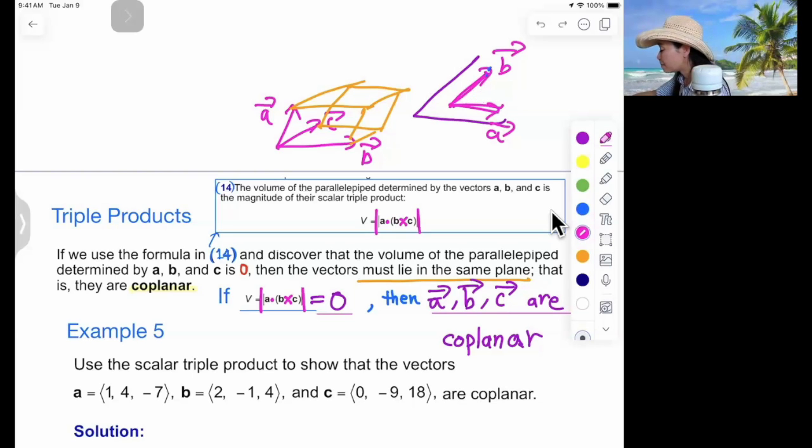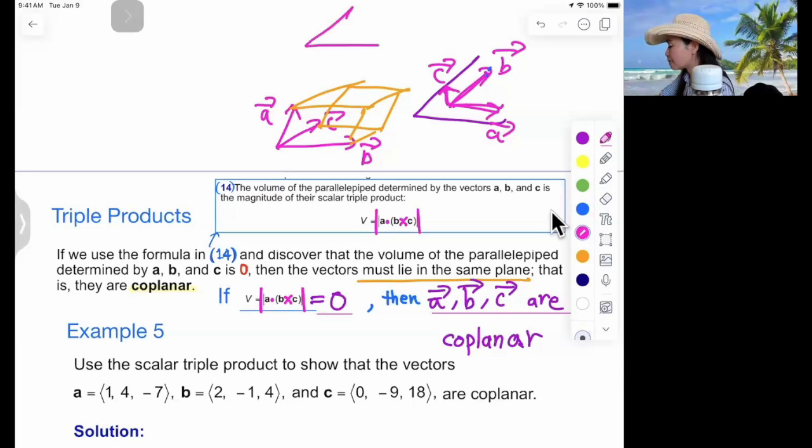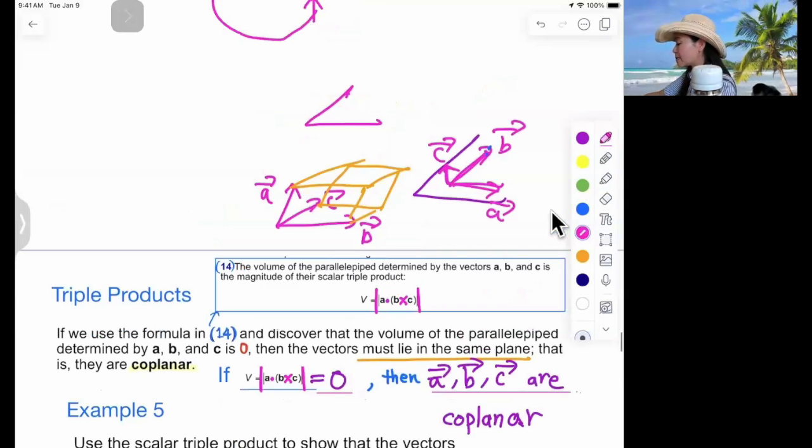Say C goes this way, okay? Is it a parallelogram? It's 3 vectors, okay? 3 vectors don't make a parallelogram. Vector and parallelogram are 2 different things. Parallelogram is this, but vector will be this. We just talk about the 3 vectors here.